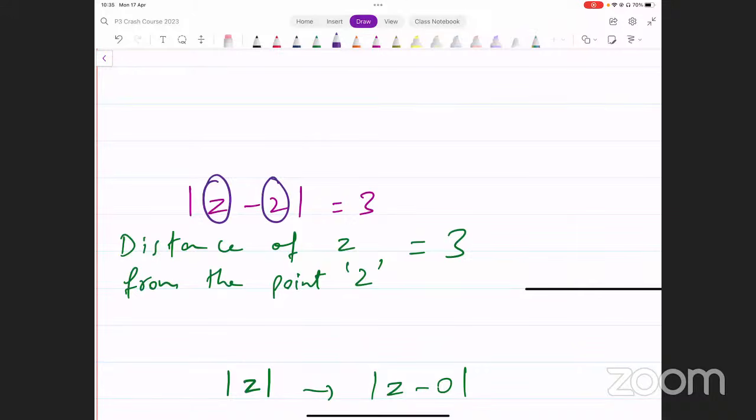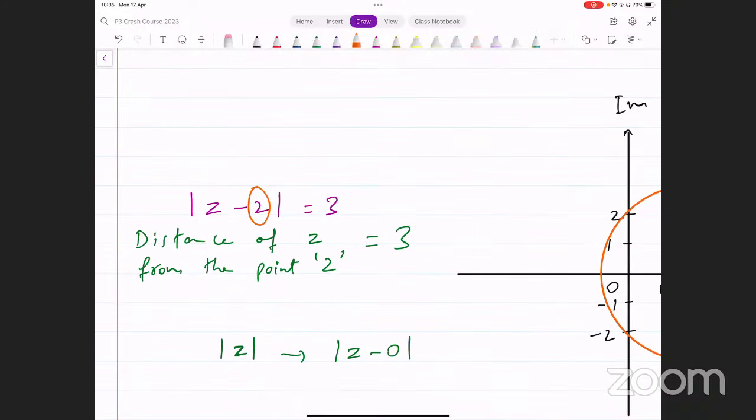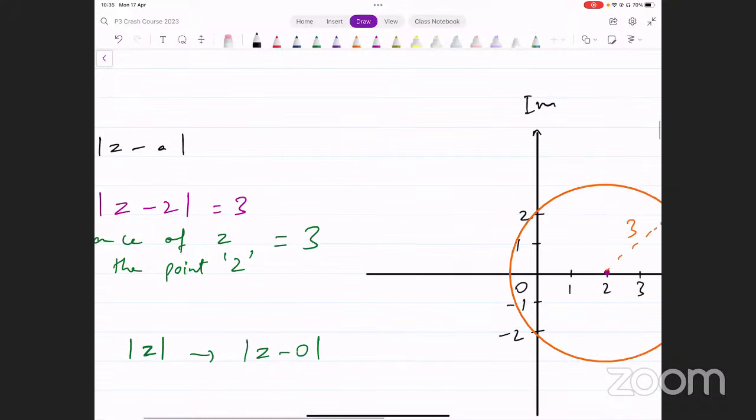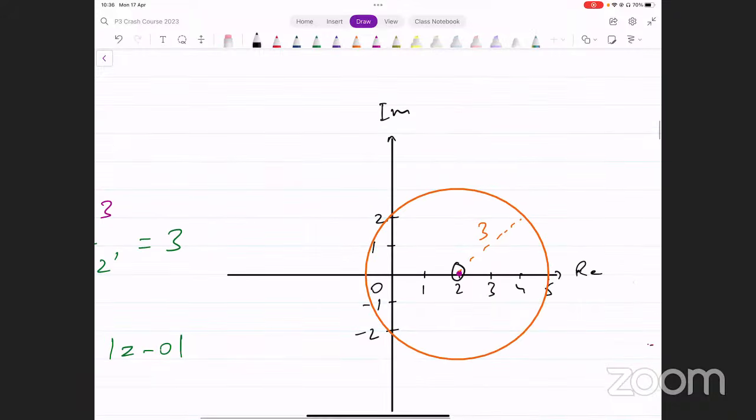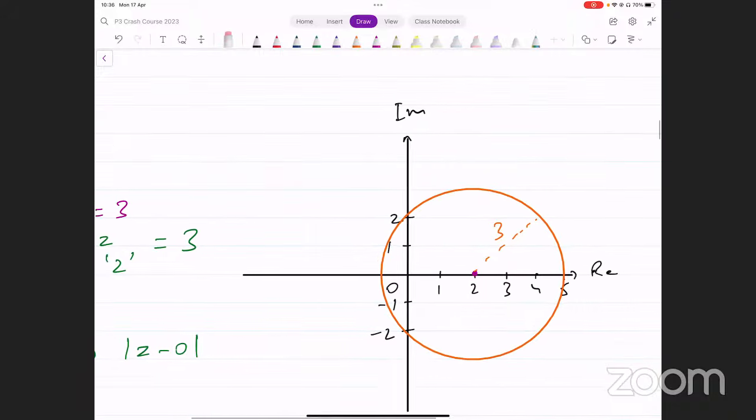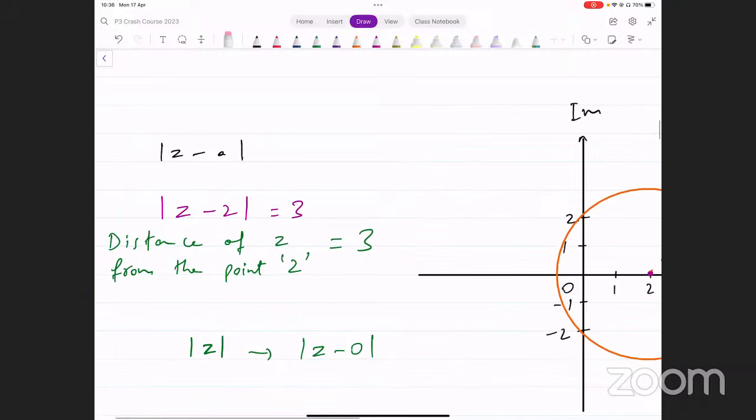That's what you have on the left side. That should be equal to 3. Now, how do you draw this locus? You first of all draw this point 2, right? You compare it to the standard form, z minus a. What do you have in place of a here? You have 2. So you're going to mark that point 2 first on the Argand diagram. And now you want the distance of z from the point 2 to be equal to 3.